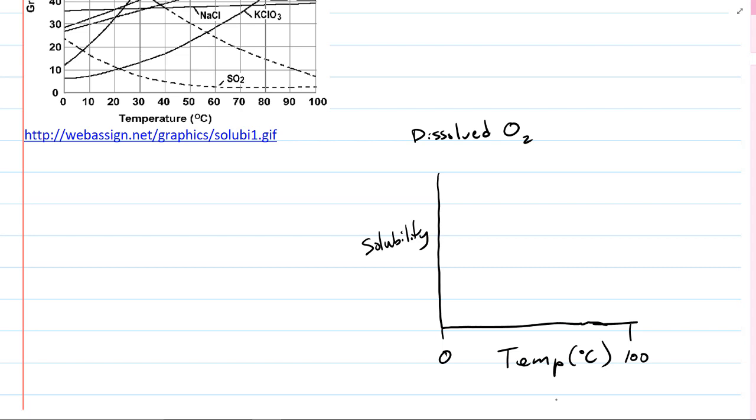Now, again, oxygen is a gas at room temperature. Are we going to see the solubility go down, or are we going to see the solubility go up? Is it going to go down like this, or is it going to go up? Which way do you think?